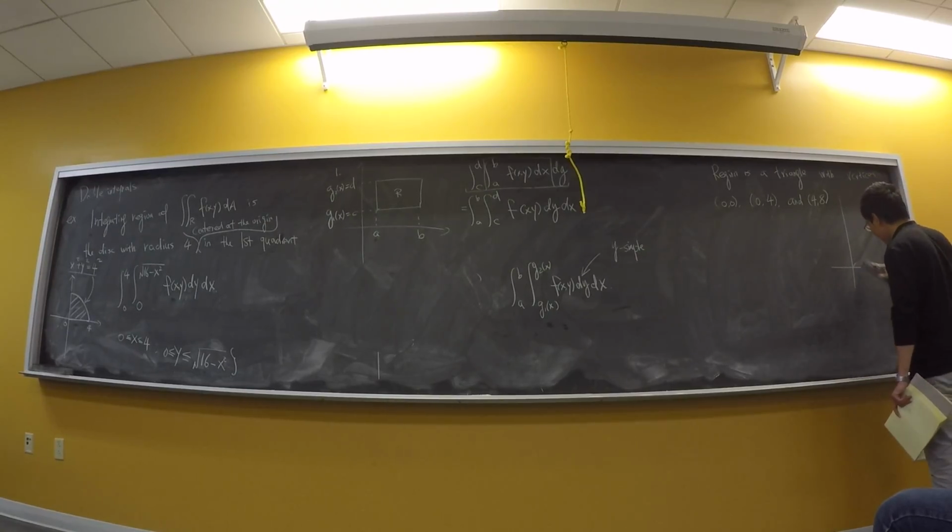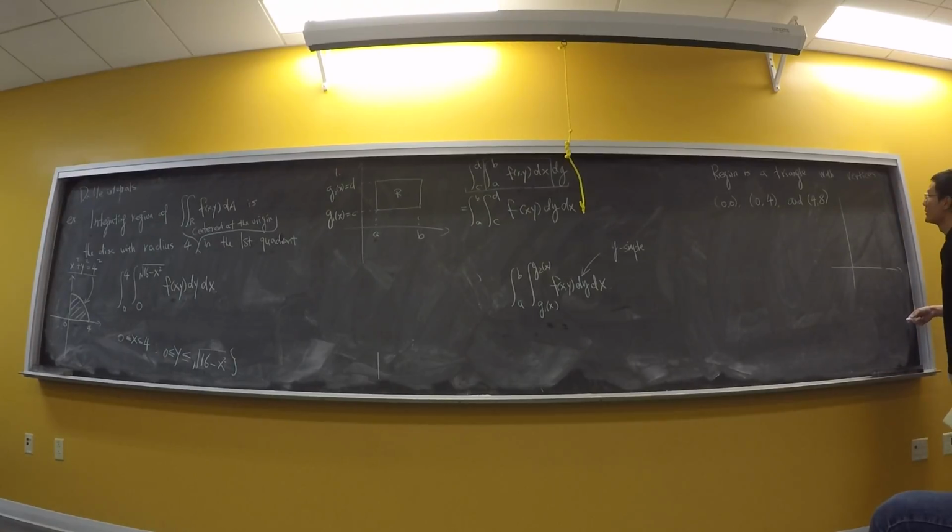So I want to identify this region as a y simple region. And the region is a triangle with vertices 0, 0, which is at the origin, 0, 4, which is at the y-axis right here, and 4, 8. So it's going to be right here. Oh, no, that's not.